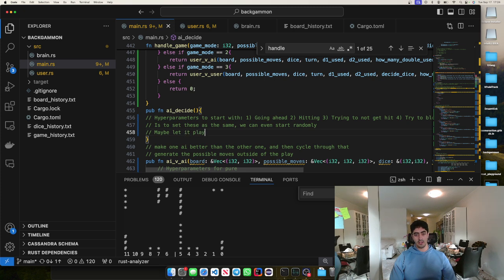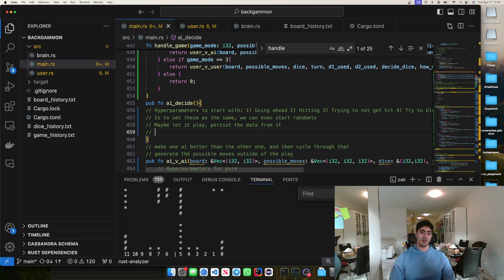Let it play. Persist the data from it. Transfer the data to another agent, player 2.